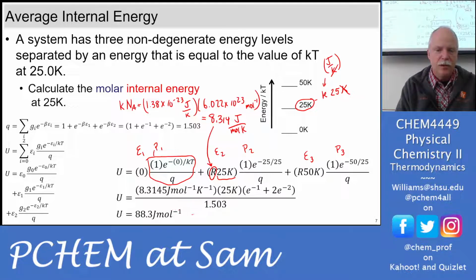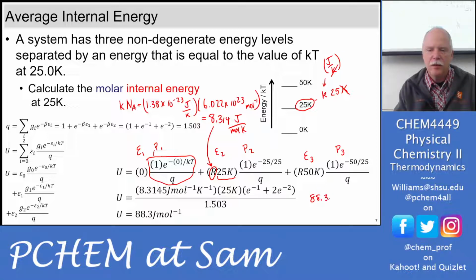So this is our internal energy. Just for grins, let's divide that by R. So 88.3 divided by 8.314 joules per mole Kelvin. What am I going to get if I divide that by R?